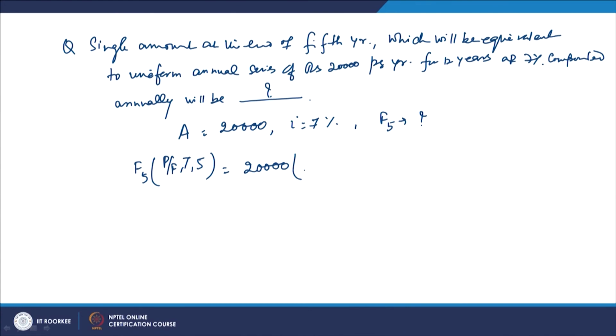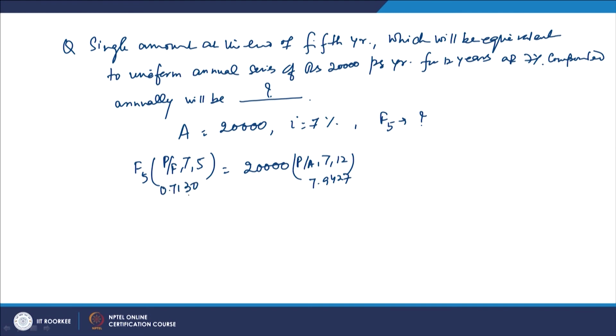Now, again you have to convert this 20,000 to the equivalent P. This is A, so you are going to multiply with the factor P by A. So, this will be multiplied with P by A 7, 12, as this is for 12 years. P by A 7, 12 is coming out to be 7.9427, and P by F 7, 5 is 0.7130.